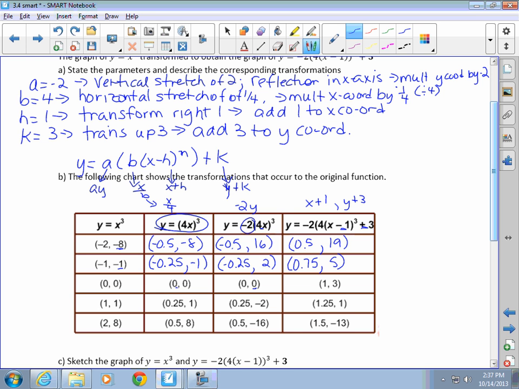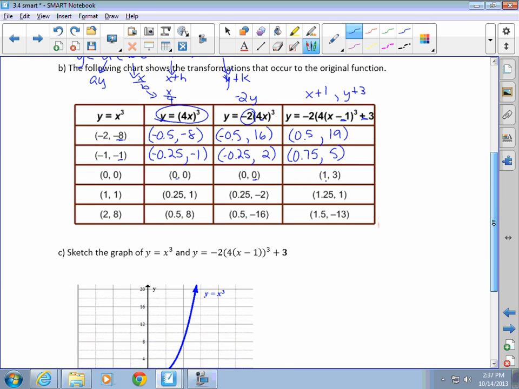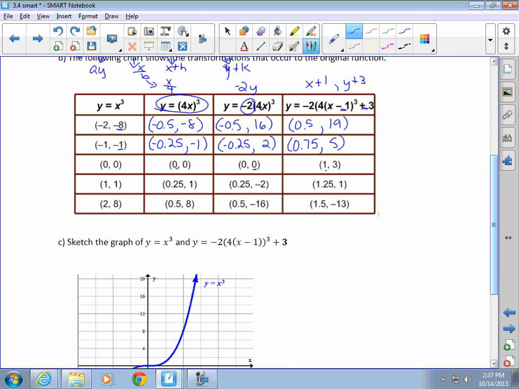For my next point, 0 plus 1 is 1, and 0 plus 3 is 3. The other calculations are already done for you, but this is all they would have done. They would have multiplied 1 by 4, so 1/4, and 2 divided by 4 is a half. 1 times -2 is -2, 8 times -2 gives you -16, and then add 1 to these x values and 3 to these y values to get those coordinates.